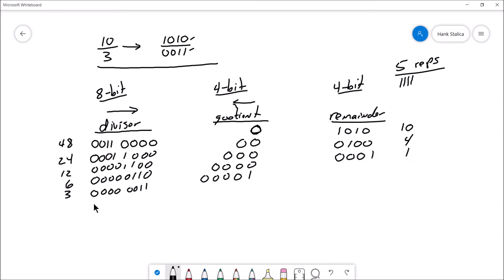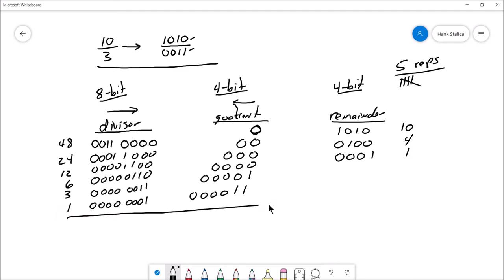The divisor shifts to the right 1 position, and the quotient register shifts to the left 1 position. The quotient register's least significant bit becomes 1. Okay, and that ends that repetition. And once that repetition is over, we have our 5 reps, and the algorithm comes to an end.